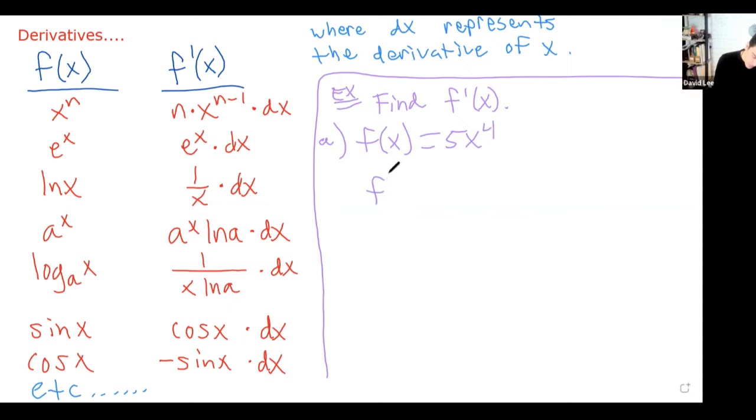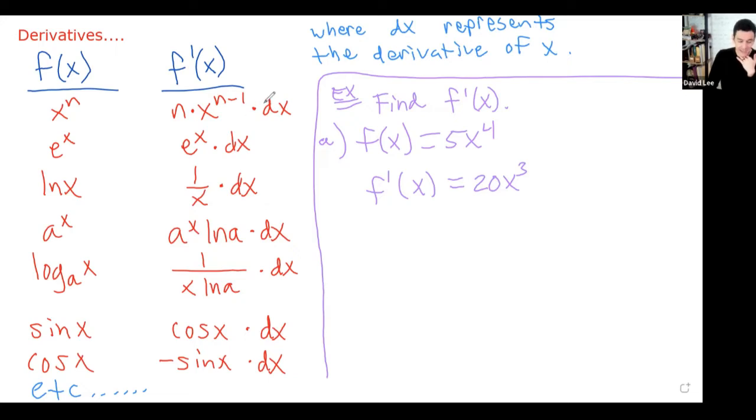Okay. Well, the derivative, if you guys use the power rule, remember the power rule where you go 4 times 5, and that'd be 20x, and then you take away 1 from the 4 to get a 3. And that's what this says here, right? X to the n, its derivative would be n, and then x to the n minus 1.